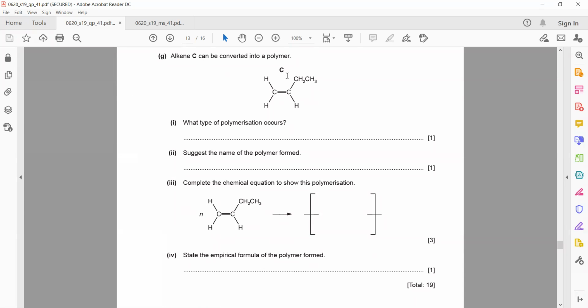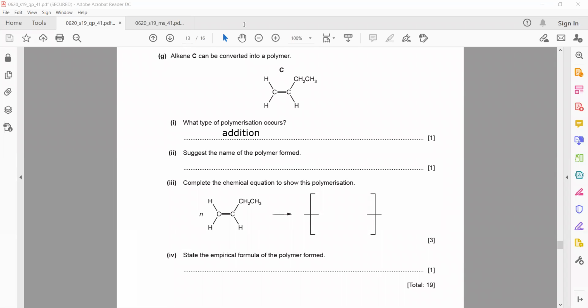Alkene C can be converted into a polymer. What kind of polymerization occurs? The addition polymerization. Name the polymer formed. So how to name the polymer formed?